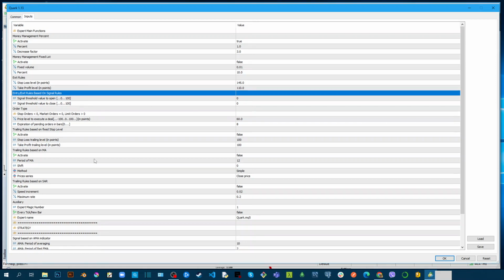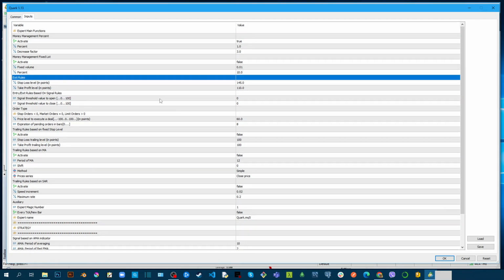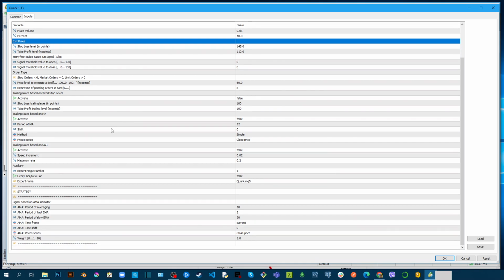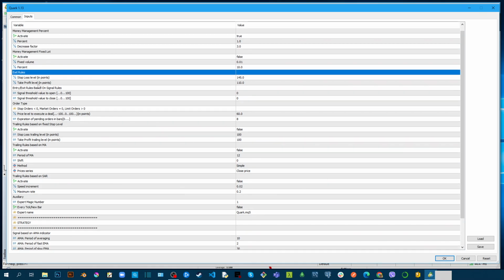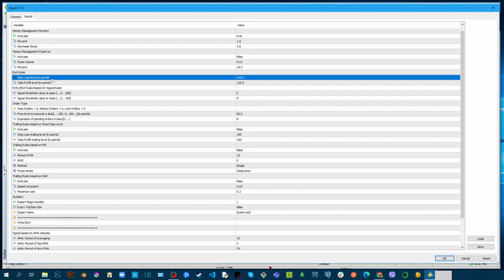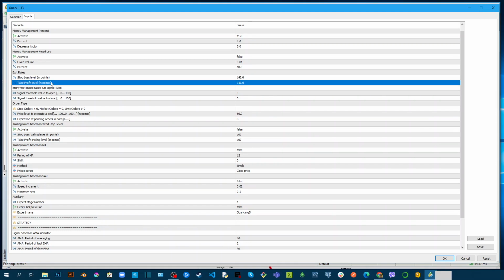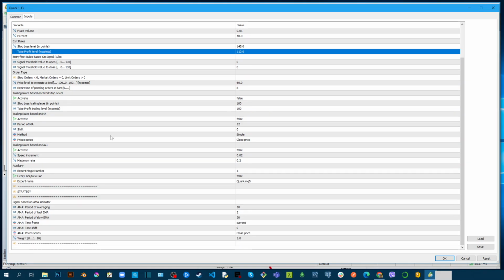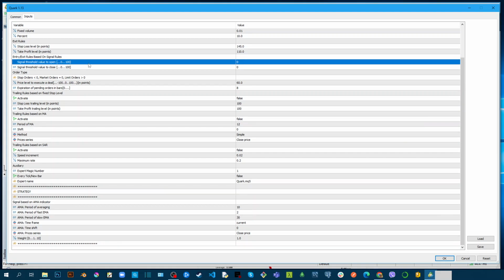The next input is exit rules. These experts have two options for exit rules. They have a stop loss and take profit option calculated in points, and the second rule is an exit based on the signal rules. You will find here some ranges. I give you some ranges here if you want to optimize this EA.